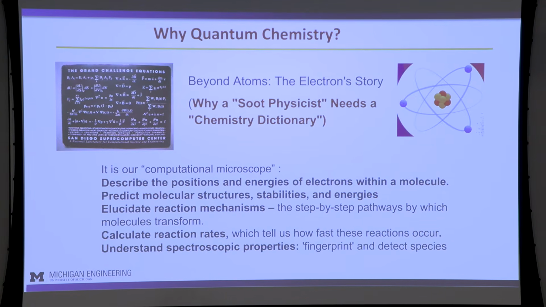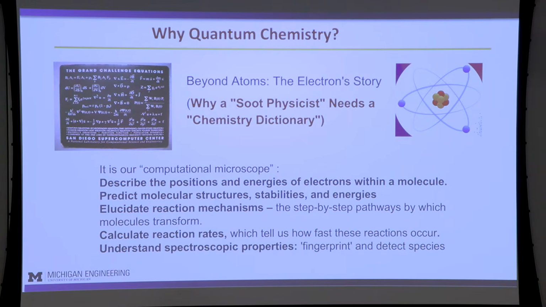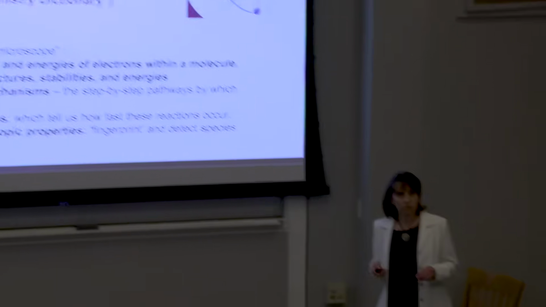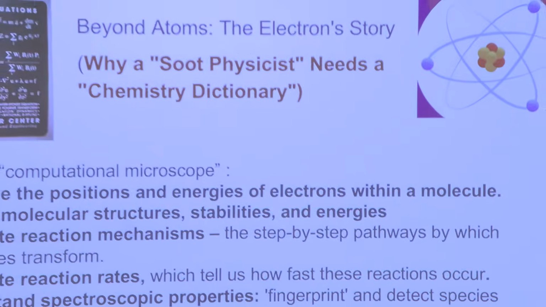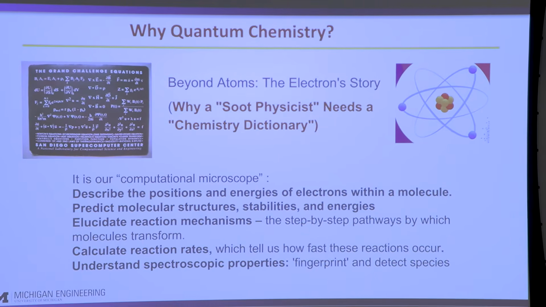What I'm showing you is an example in which we worked with experimental people. They had the spectra, and they had no idea what compounds were inside. They didn't measure that. So molecular studies like this can tell you that. They can say maybe in this condition, this is the probability that you develop this product. So the spectra can be a way, with quantum chemistry, to fingerprint what's inside, for example, a flame.